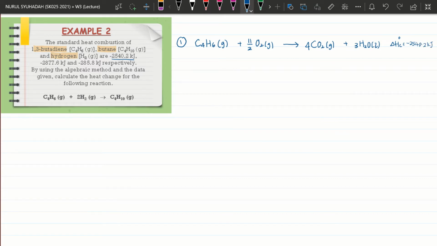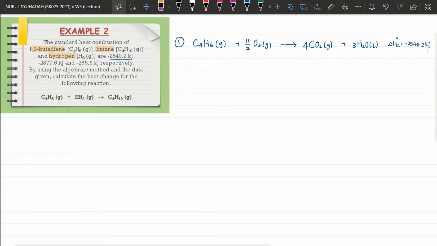Make sure you write all the numbers, and please have enough space to write down. So that's the first one.